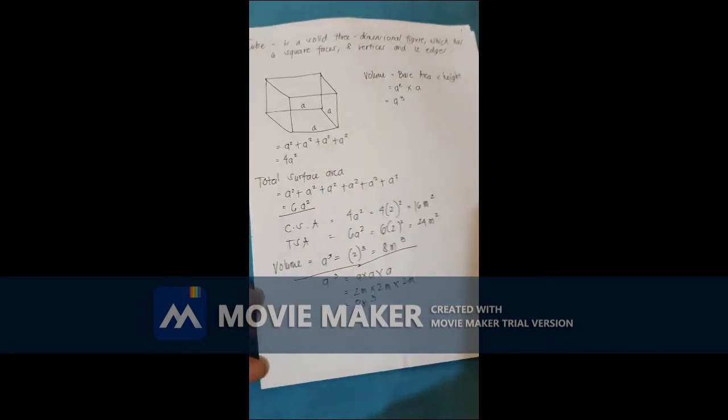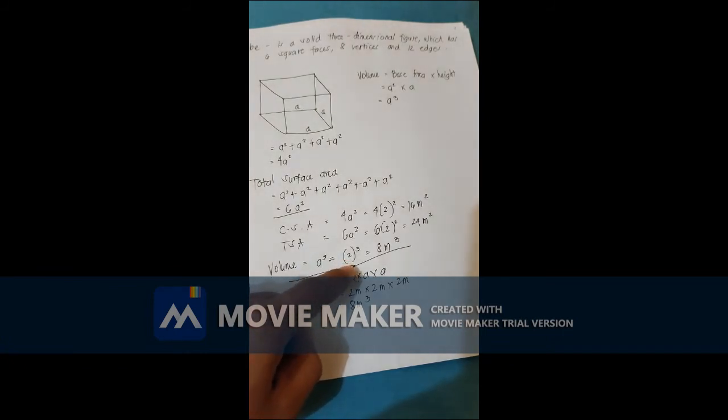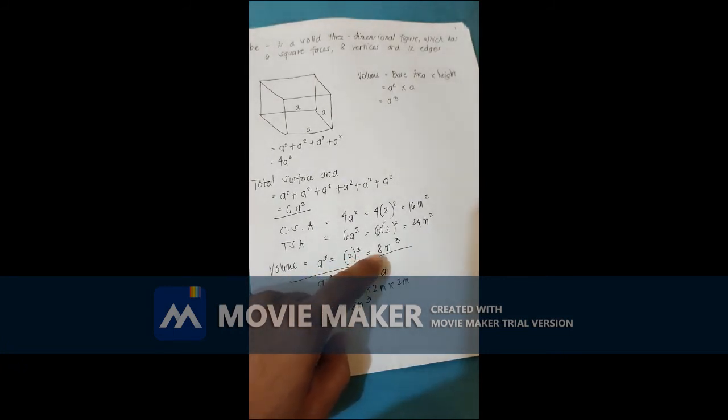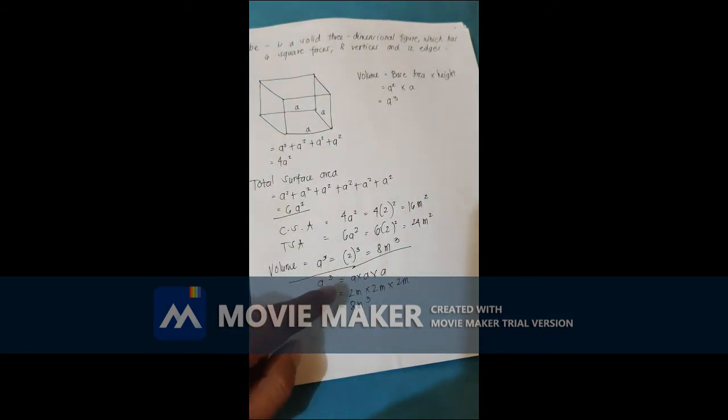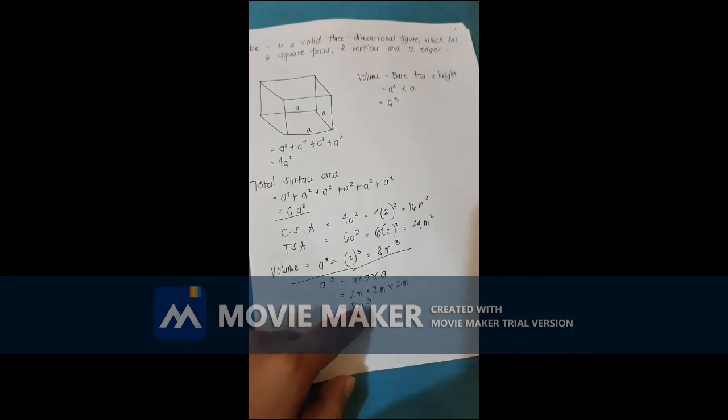For the volume, a cubed equals 2 cubed equals 8 m cubed. So, 2 meters times 2 meters times 2 meters equals 8 m cubed.